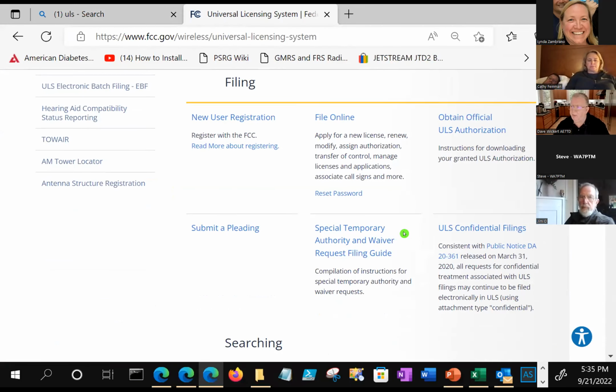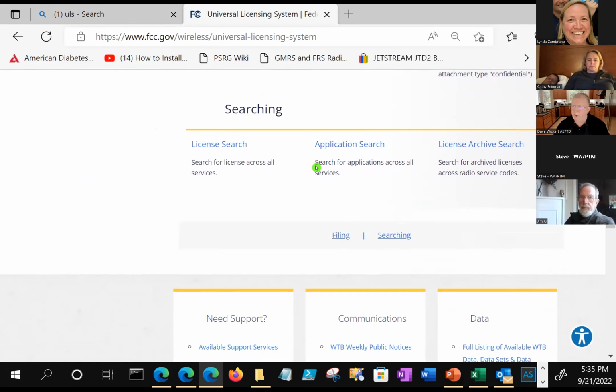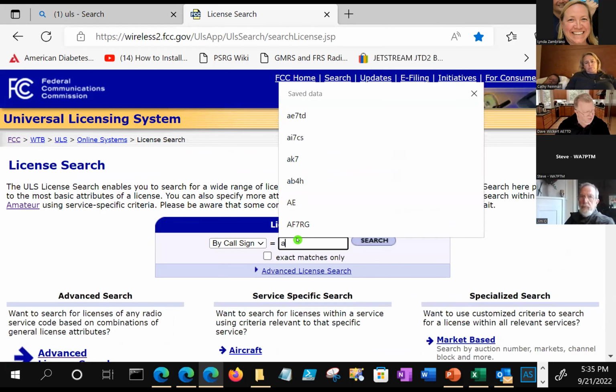I think next week, I'm going to talk about the license manager and how to manage your license once you do pass your exam and get licensed. We're going to be clicking on this file online option over here to go into the license manager, but we won't do that today. But towards the bottom of the page, this is where you can check and look up somebody's license. So you can go here, search license, look up AE7TD.